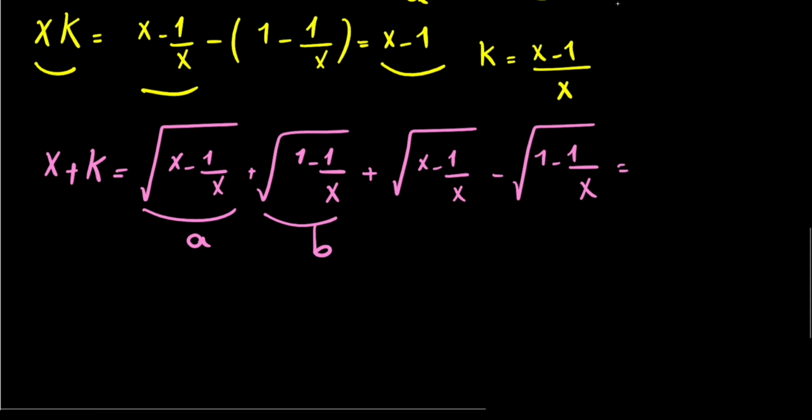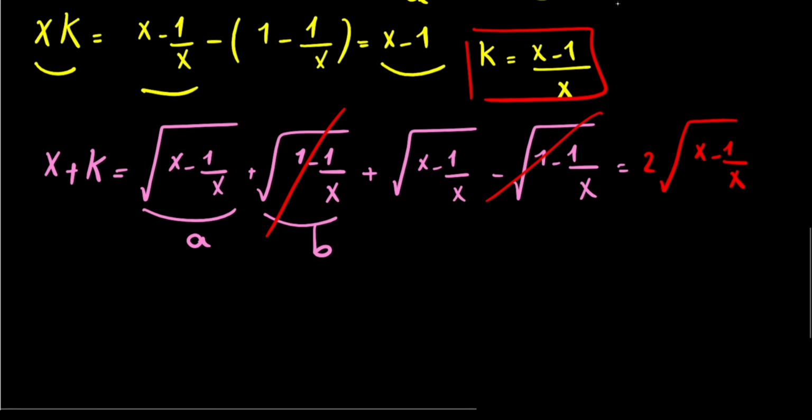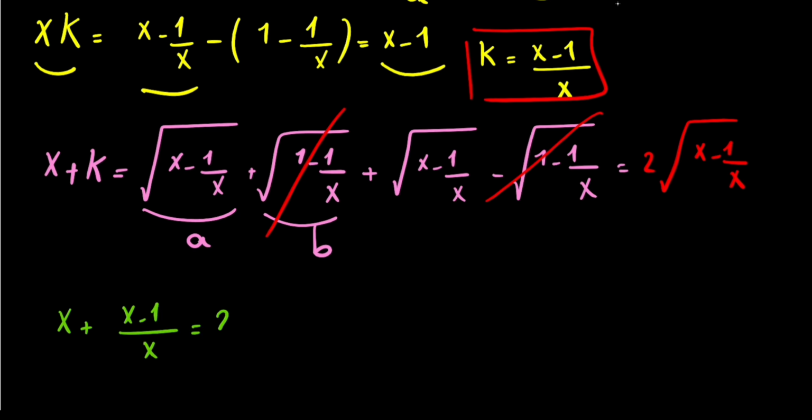So if you look at this one, you can cancel b from both sides. So here we have 2 times the square root of (x minus 1)/x, right? Yes, that's right. And I told you k was equal to this one, (x minus 1)/x. So it's really useful: x plus (x minus 1)/x equals 2 times the square root of (x minus 1)/x.